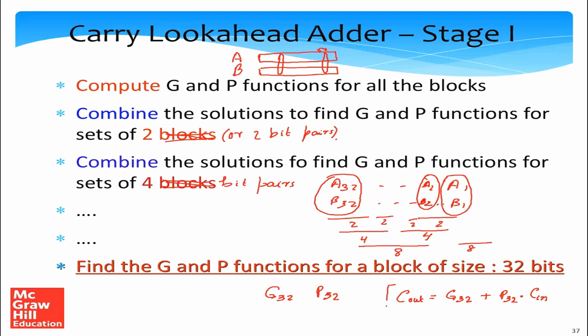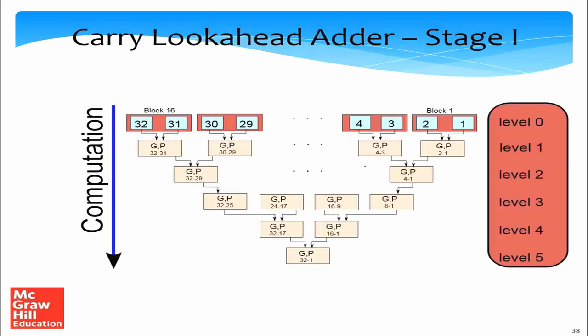So that is the simple equation that we have. So what do we get in stage 1? We create a hierarchy and consider larger and larger block sizes and compute their GNP functions. This is shown in this diagram.